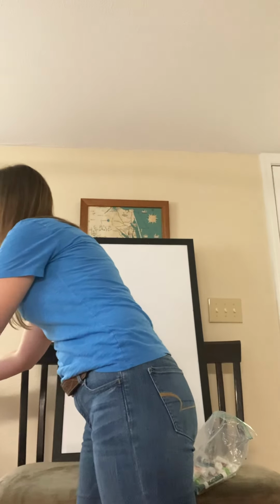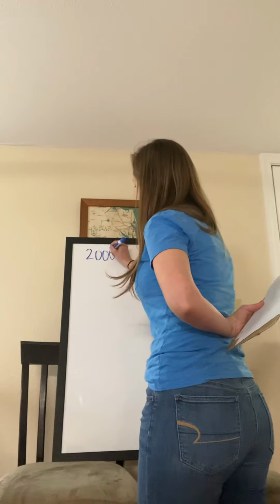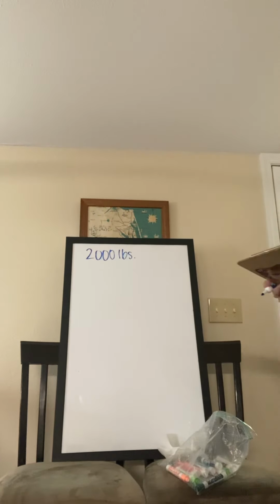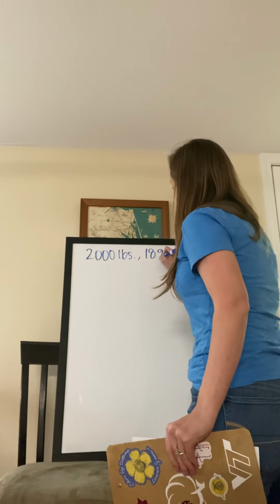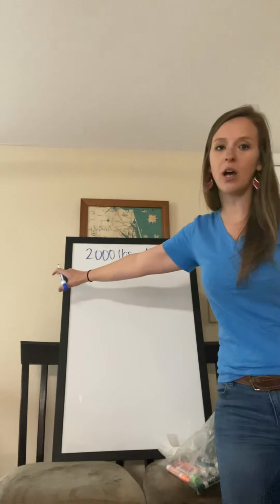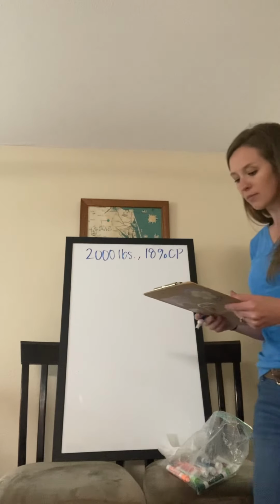So I'm going to write that out for you. So we need 2,000 pounds of feed total. That's pounds. We want 18% crude protein at the end. So that's gonna be our end product, it's gonna have this in it, okay?